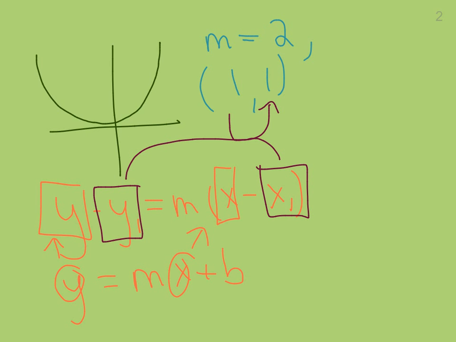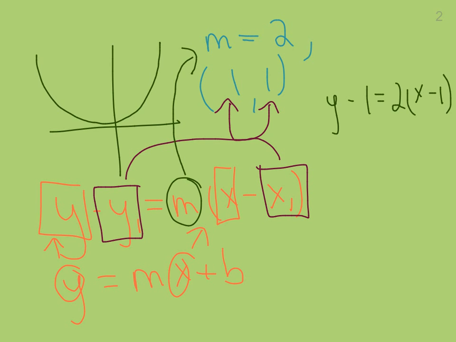It's your x and your y of your coordinate that you know. The m, of course, I even left the variable the same, is just your slope. So if we were to plug all of that in, we would have y minus 1 equals 2 times x minus 1.